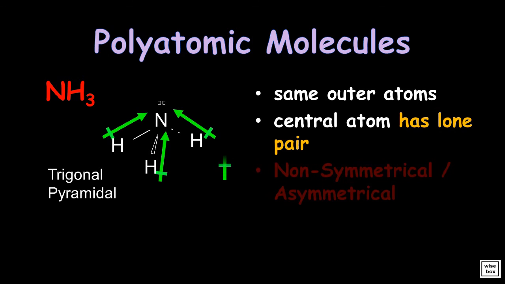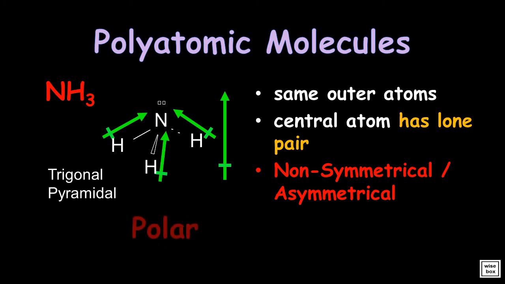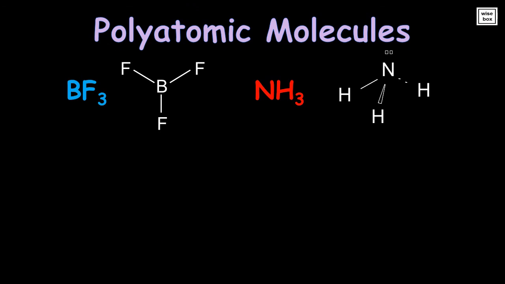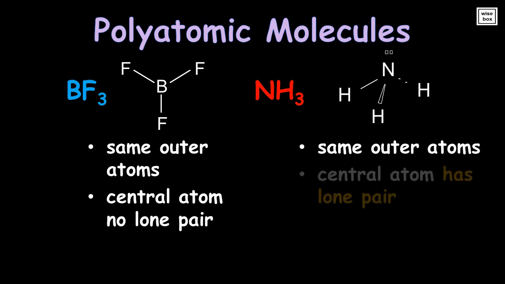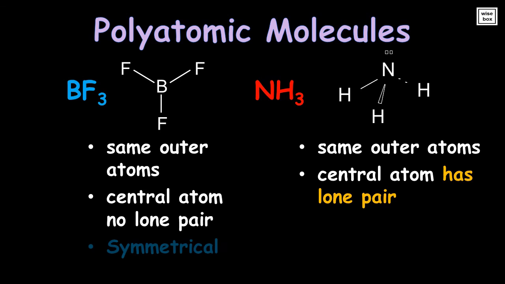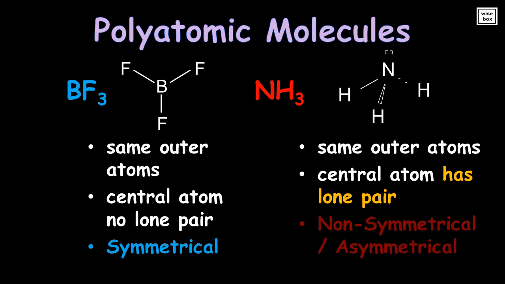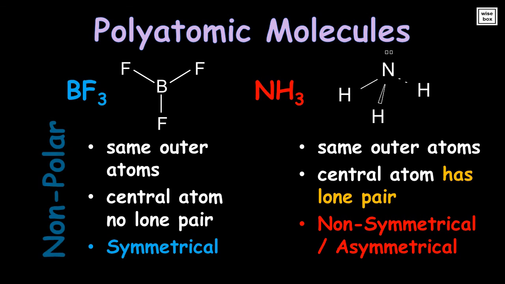The dipole moments are non-symmetrical. Thus, it is polar. Comparing these two molecules, notice that the main difference is the lone pair in the central atom, which determines their symmetry. In this case, it was the key factor in the polarity.